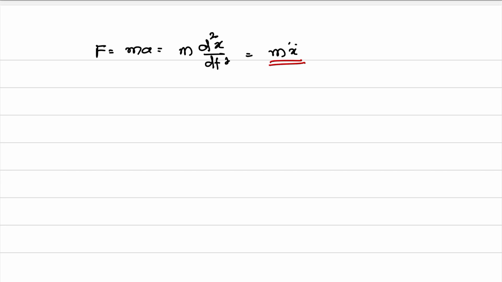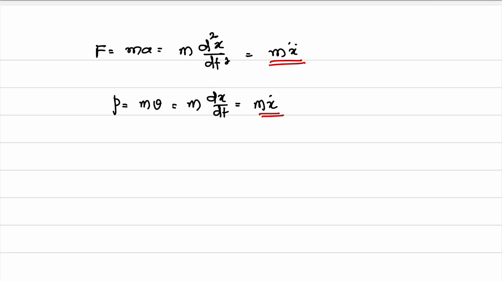It will be easier, looks simple also, and easier to write. Another example: P is equal to mv, that is momentum, m into dx by dt, which I will write as m x dot.